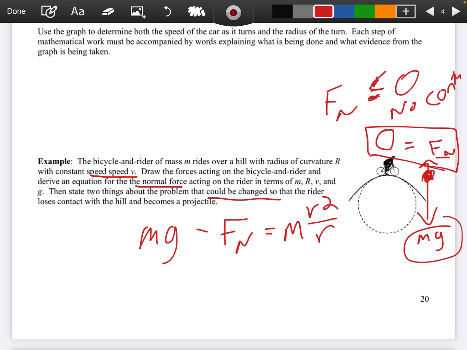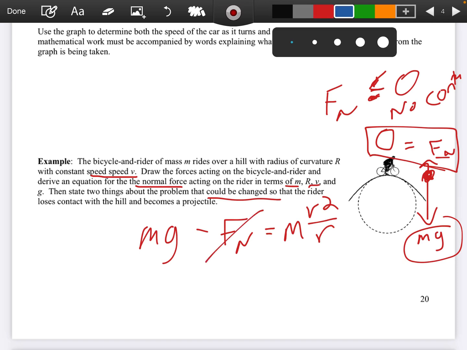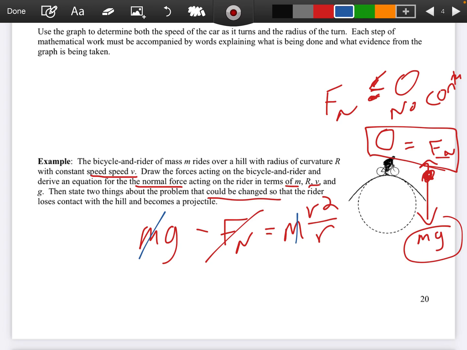We know not to use the omega squared times r version because it's asking for v. It says in terms of m, r, v. That's your big hint. Don't use the omega version. Our normal force is 0, so we can ignore that. So it becomes mg equals mv squared over r. We have m's on each side, so let's clean that up. g equals v squared over r.